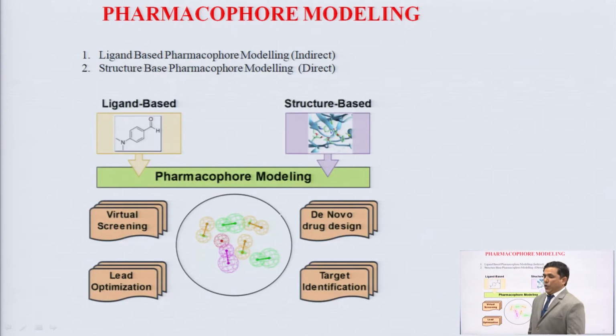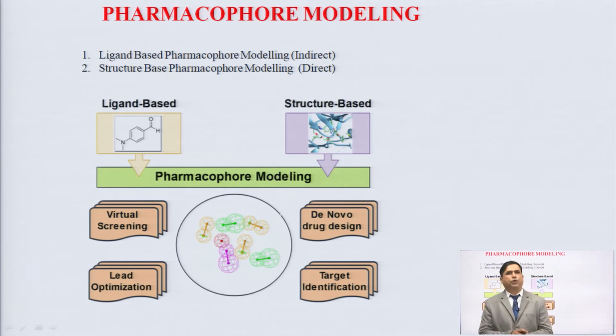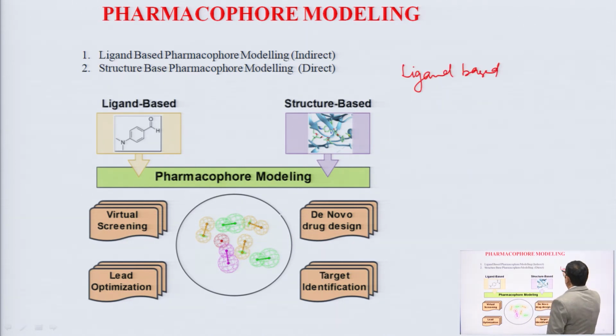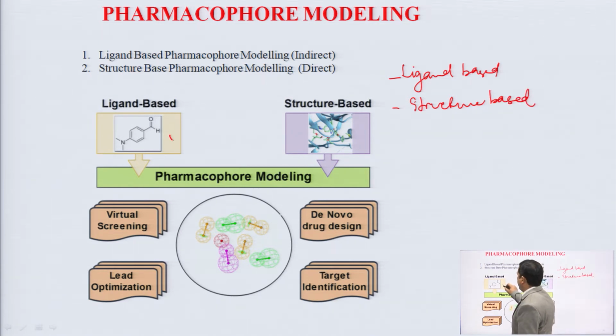Now, come to pharmacophoric modeling. What are the different types of pharmacophore modeling we can do in computer aided drug design? The first is ligand based pharmacophore modeling, and the next is structure based pharmacophore modeling. Here I am showing one ligand, and here there is one receptor, the structure of the receptor.